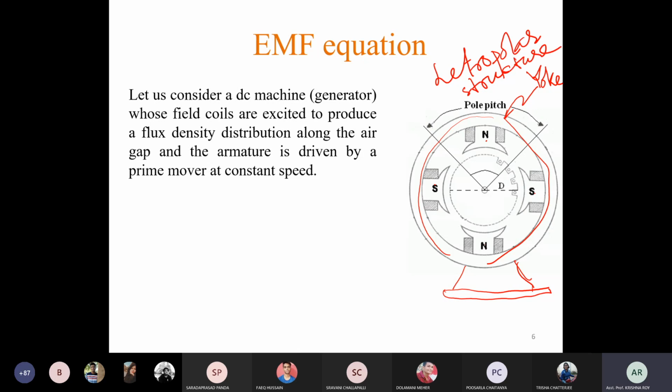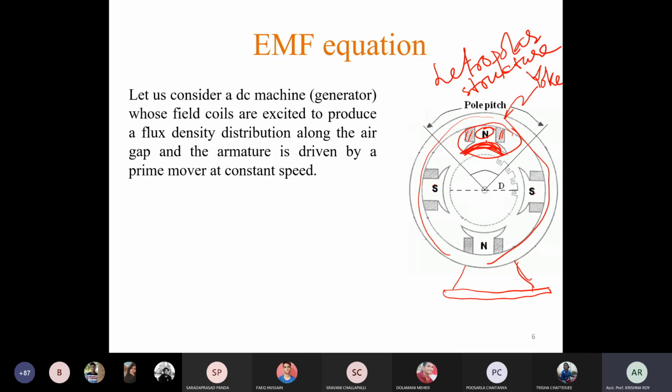So this is one pole. This section is called pole shoe. This is called pole core. On this pole core, these are the field windings. When these field windings are excited by some DC voltage source, this portion will be magnetized, and as per the direction of current or the windings in which they are wound, this will be either a north pole or a south pole.